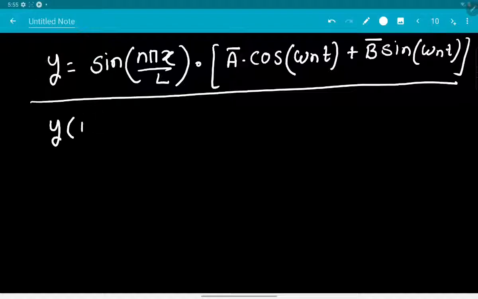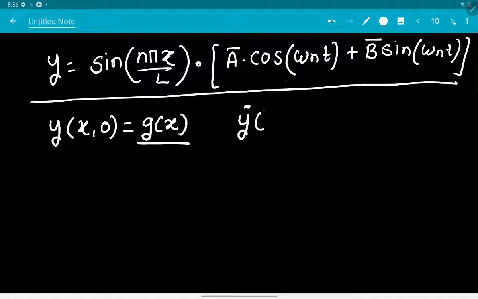This is y for the string, and from here onwards you will have to incorporate initial conditions first to go ahead. And what are those initial conditions? For all x values at time t equal to 0, you have this as the distribution of the displacement, and for knowing the velocity distribution at all x locations at time t equal to 0, you will have to go to this.